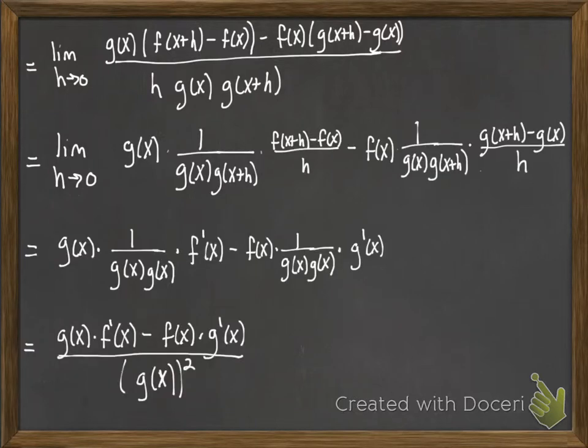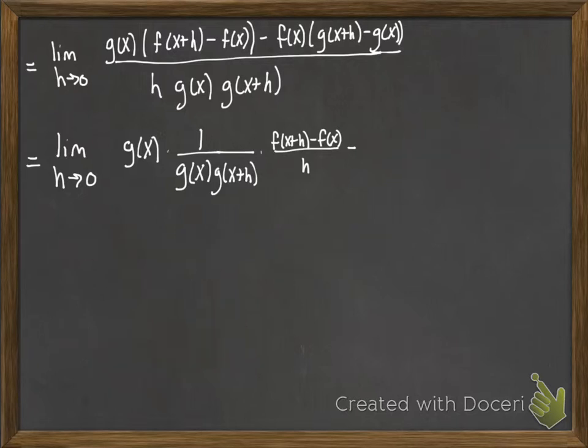Sorry about that, I hit the wrong button. So f of x plus h minus f of x over h, so we have the derivative there. And now, in the second part, we factor out the f of x. And again, the g of x, 1 over g of x plus h.